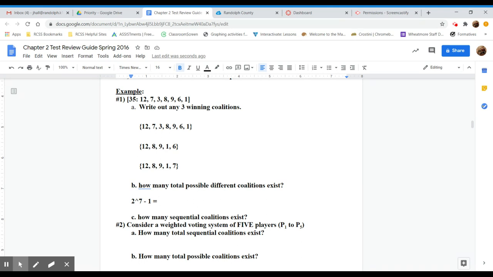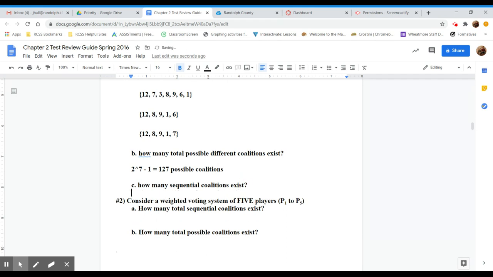That's not a huge number, but it's not a small number. So 2 to the power of 7 is 128, minus 1. And this is why I didn't make you list all of those out. There are 127 possible coalitions. You might not want to list all those out.